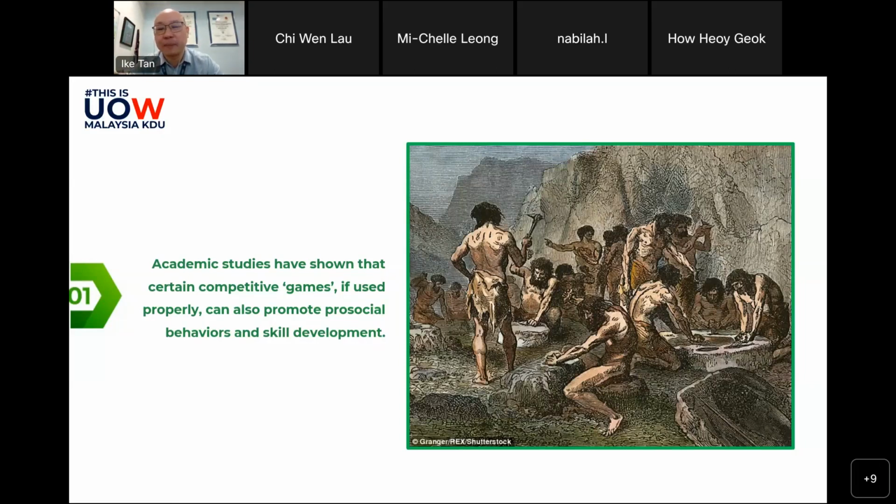Okay, I can't say soccer because I'm Malaysian, but football. And things like this have been around for a very, very long time. Throughout history, sports have played a variety of important functions in society, not only for entertainment, but for the preparation of war, for hunting, and for whatever other purposes.